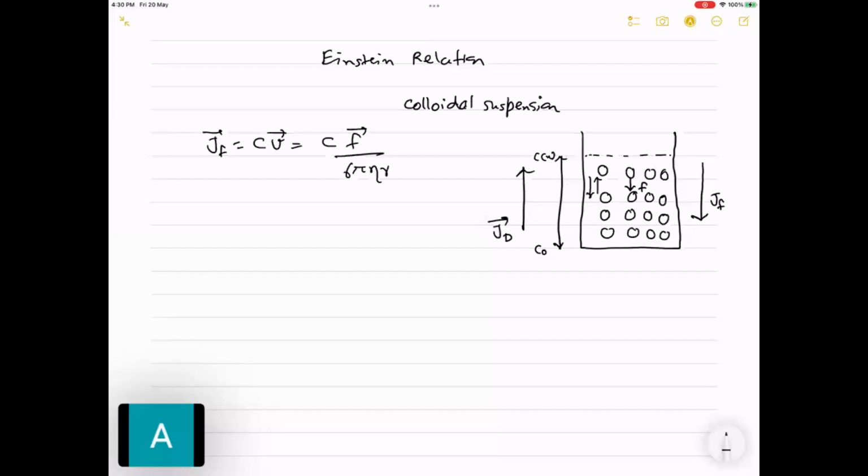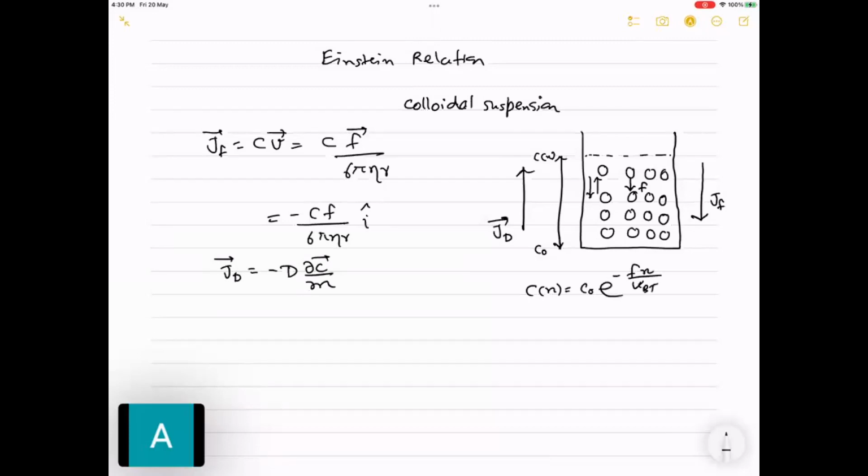So this becomes minus C F divided by 6 pi eta R into, let's say, i. Similarly, we can write down the expression for the diffusion flux using Fick's law, right? I can apply the Boltzmann law to this problem, and I can write down that Cx will be equal to C0 e to the power minus Fx divided by kBT.